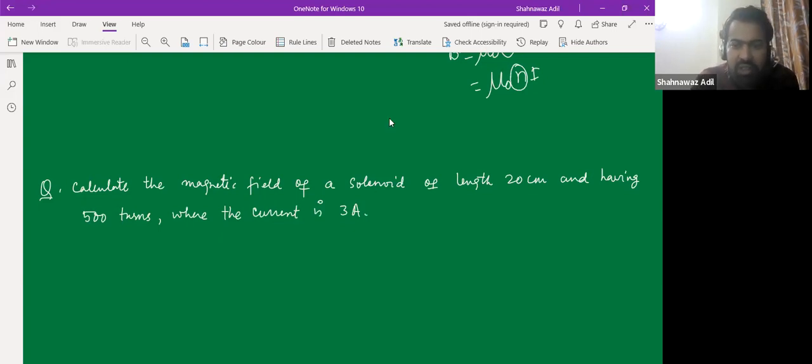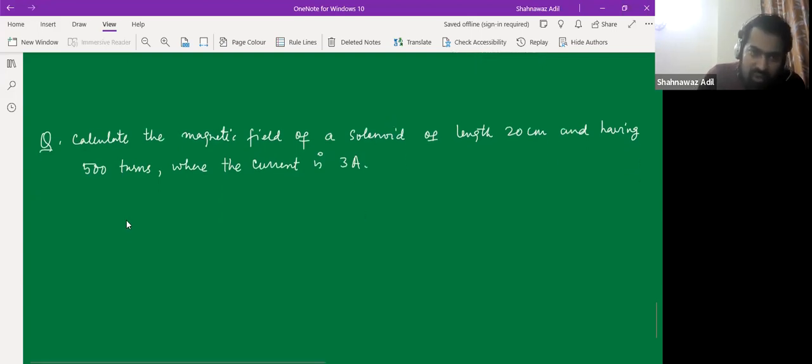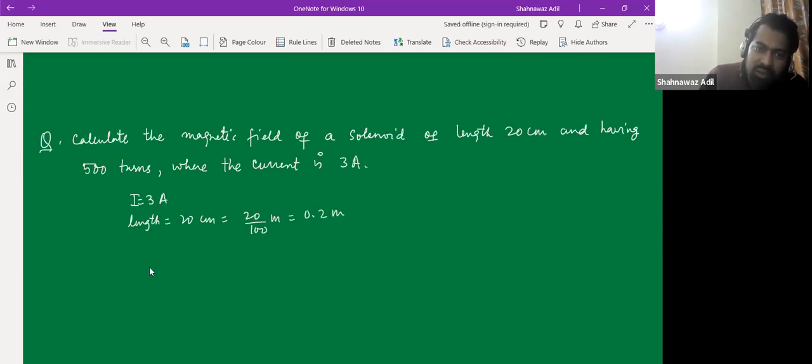So this is the question. The current is given as 3 amperes, and the length of the solenoid is 20 centimeters, which is 20 by 100 meters, so this is 0.2 meters. And you are also given the number of turns, that is 500.